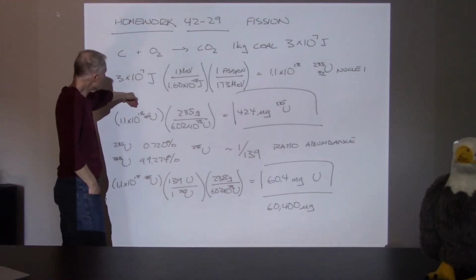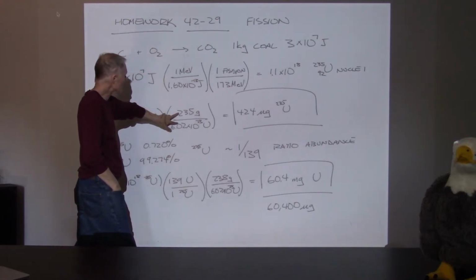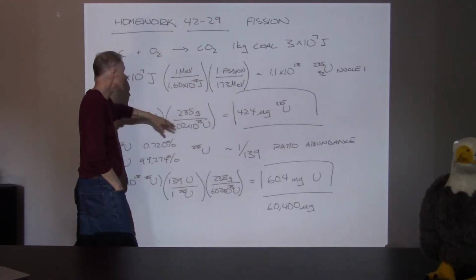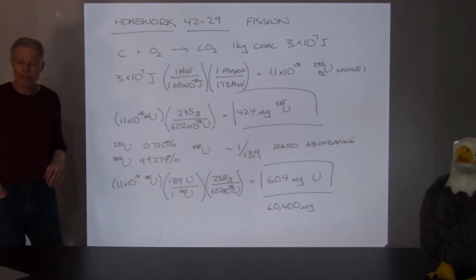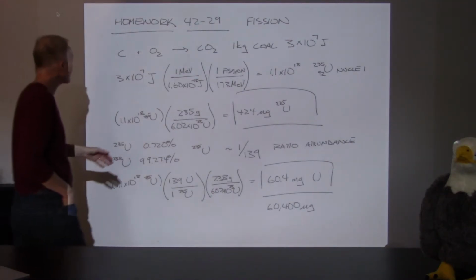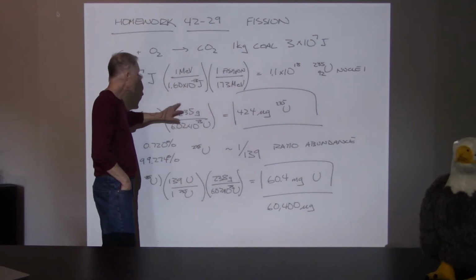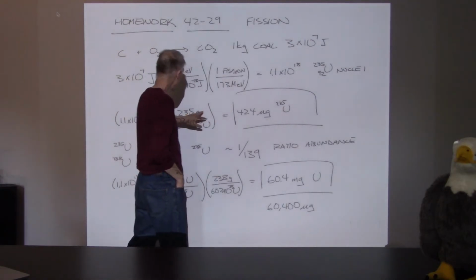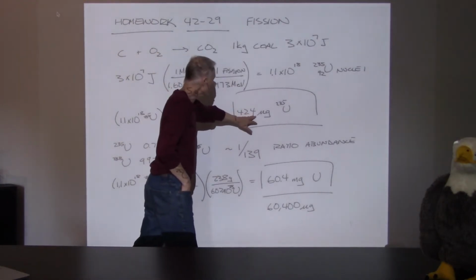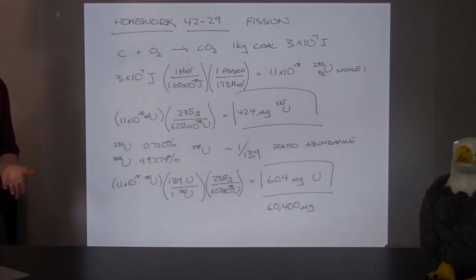So I took this many uranium-235s and used the molar mass of uranium-235, which is surprisingly 235 grams per mole. The numbers of uranium cancel, and now I have my answer in grams, which turned out to be 424 micrograms.